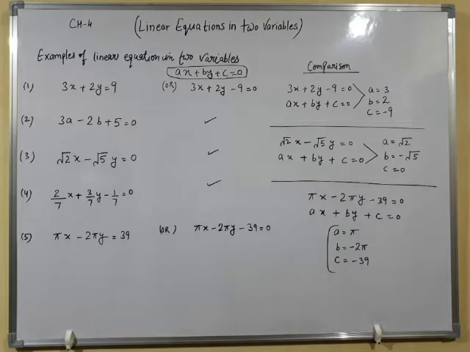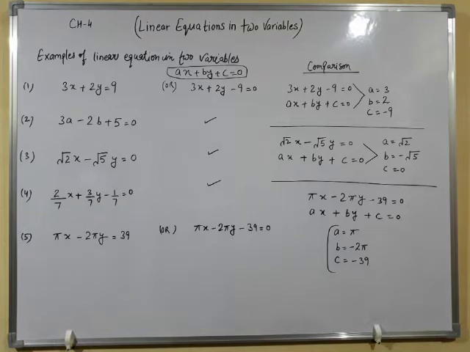Number 1, 3x plus 2y equals 9. Second, 3a minus 2b plus 5 equals 0. Third is root 2 x minus square root 5 y equals 0. Fourth is 2 upon 7 x plus 3 upon 7 y minus 1 upon 7 equals 0. And fifth one is pi x minus 2 pi y is equal to 39.